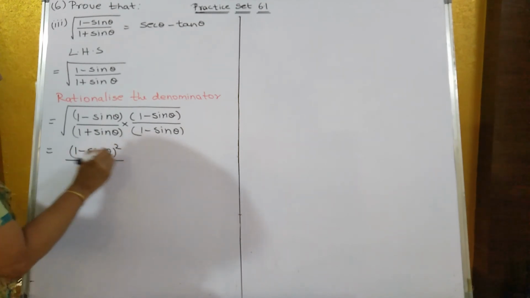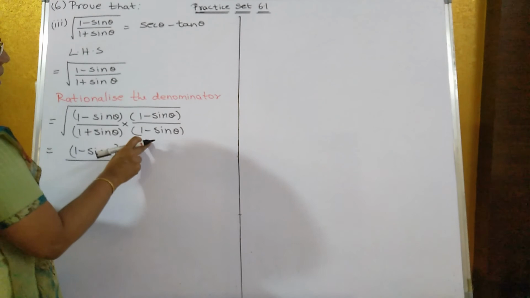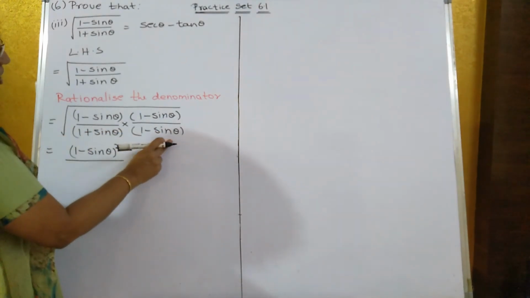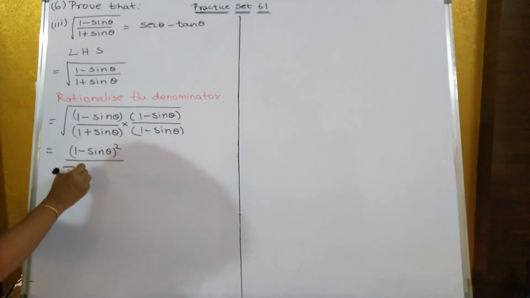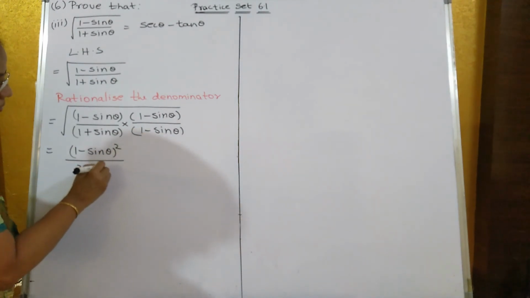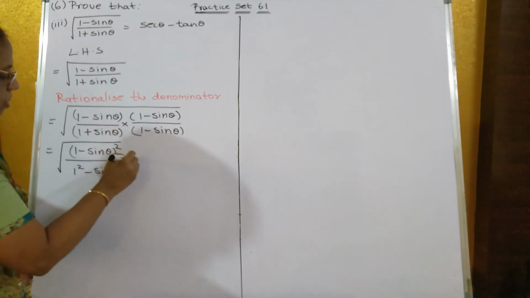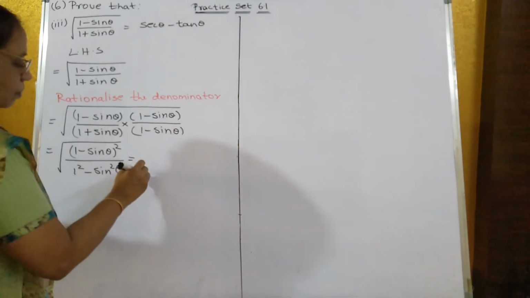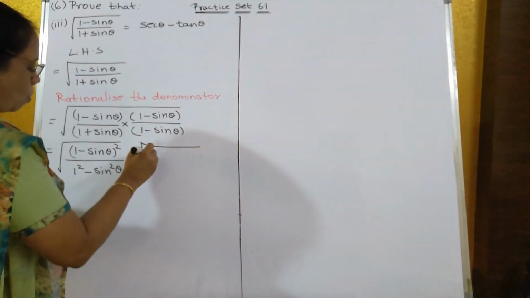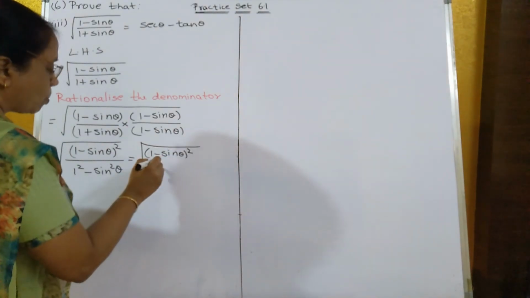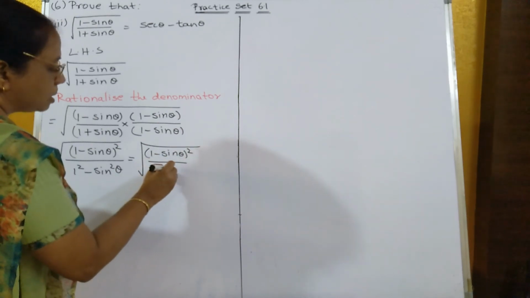And 1 plus sin theta into 1 minus sin theta, that is a plus b, a minus b, which is a square minus b square. So that's equal to 1 minus sin theta the whole square upon 1 minus sin square theta.